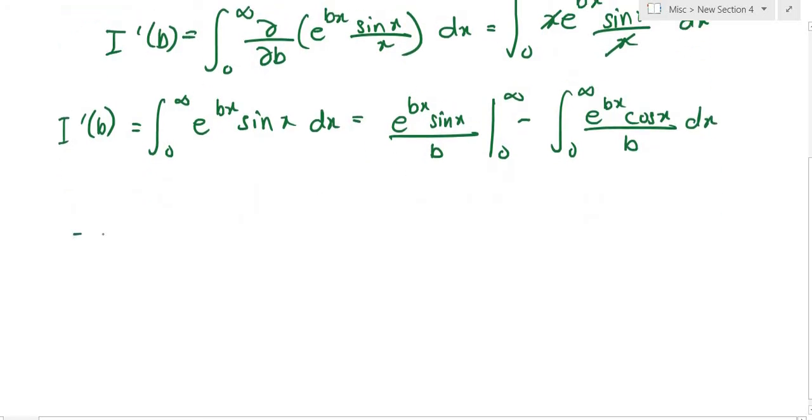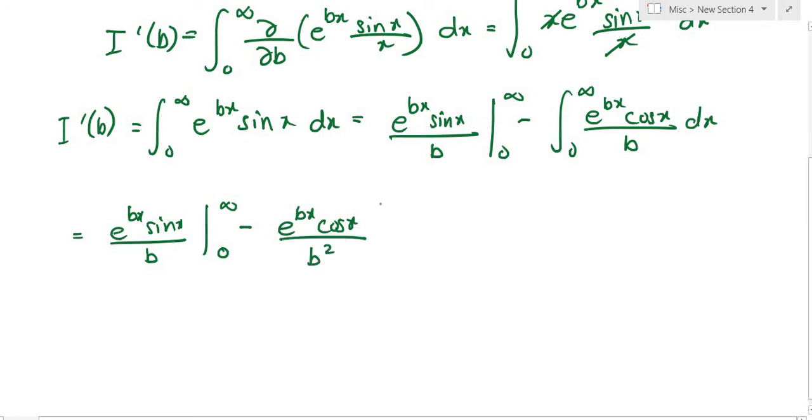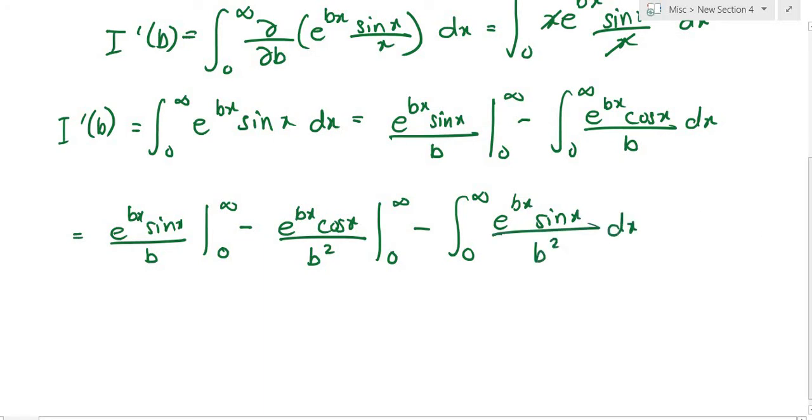Well, we'll leave the first part as it is, e raised to bx sine of x over b evaluated from infinity to 0, minus... Well, we have to use integration by parts again, it seems. So we're going to be having e raised to bx cosine x divided by b times b, which is b squared, evaluated from infinity to 0, minus the integral from 0 to infinity of e raised to bx times the sine of x divided by b squared dx.